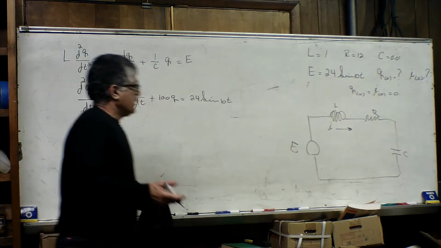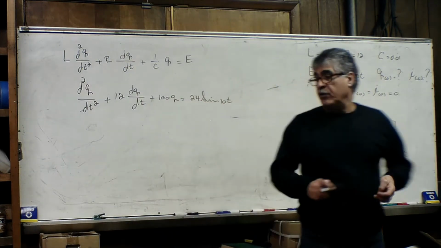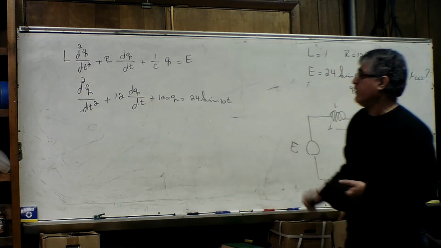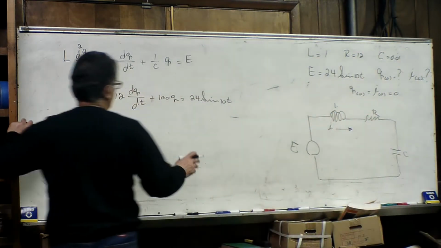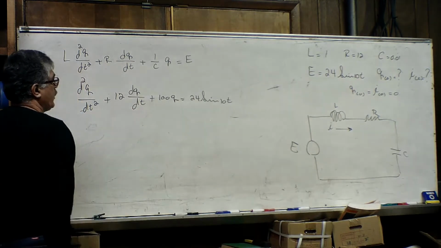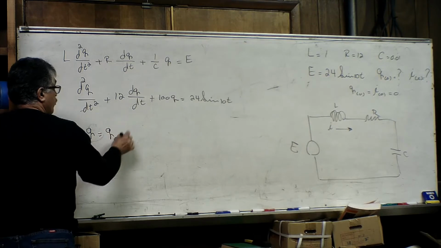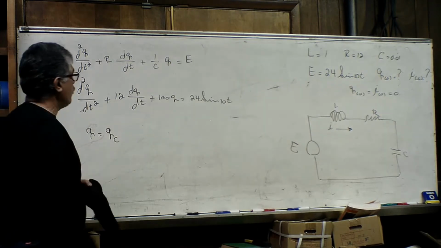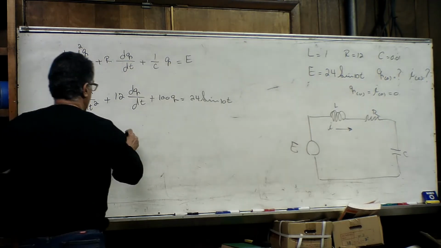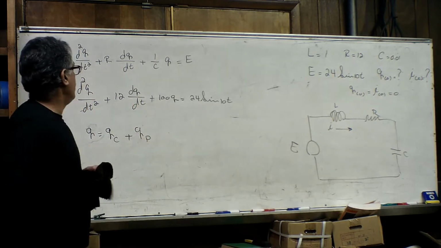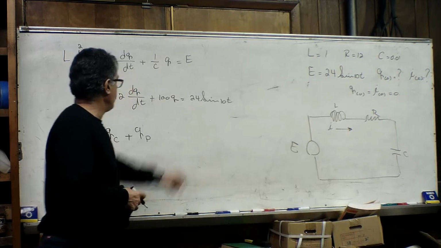Now we have a second order non-homogeneous differential equation, and in order to solve this, we know that the general solution for a differential equation like that can be written as the solution to the corresponding homogeneous portion of this equation plus the particular solution to the non-homogeneous portion.